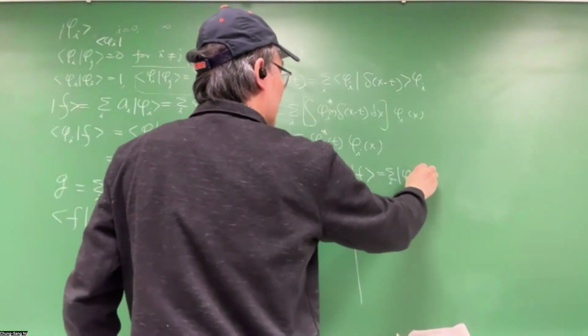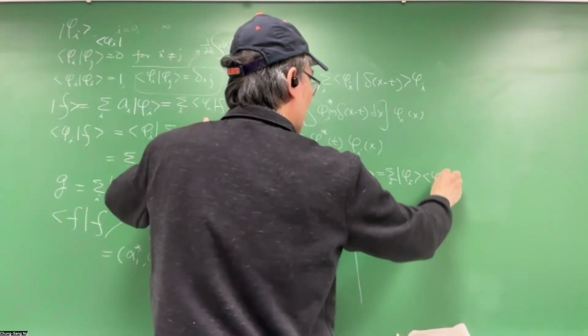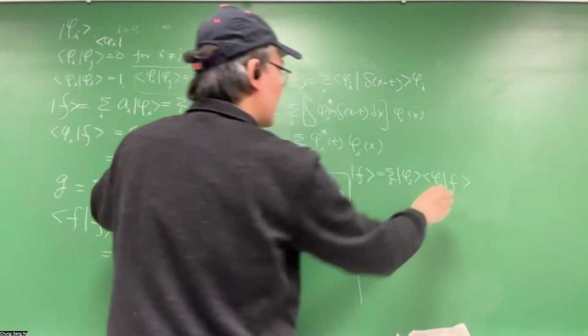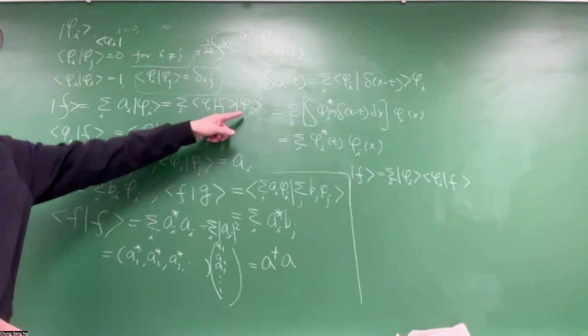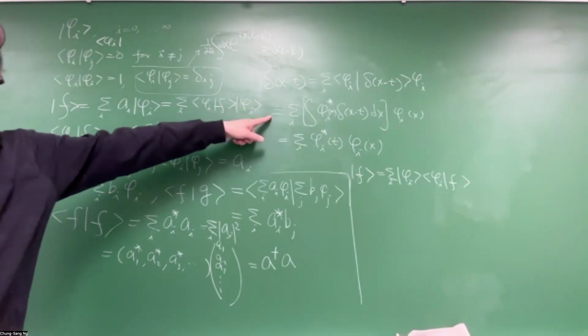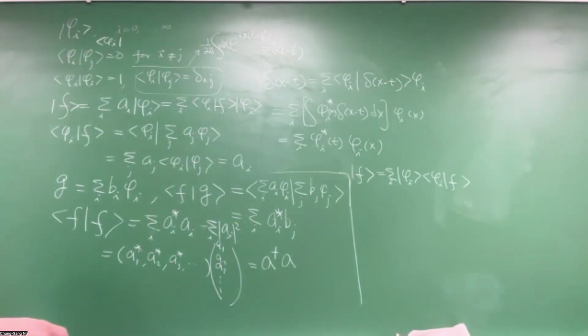The ket vector basis and this coefficient, that's nothing but a constant after the vector, which is allowed, right?